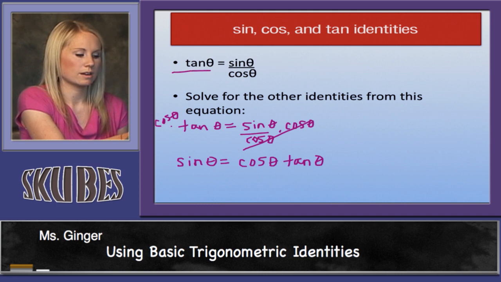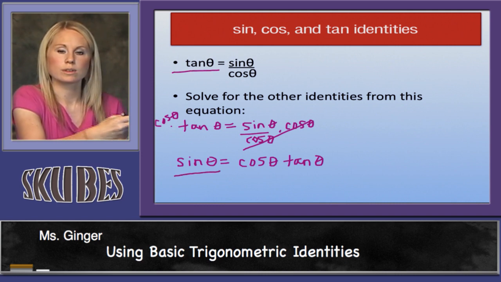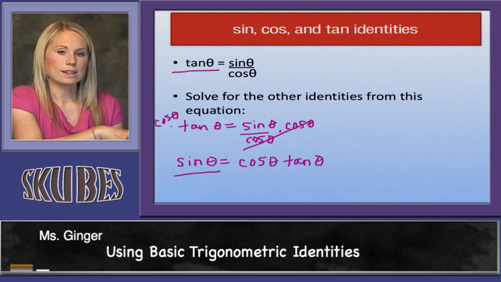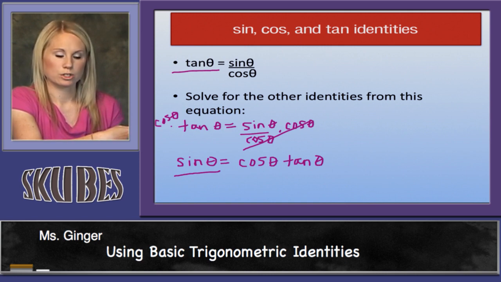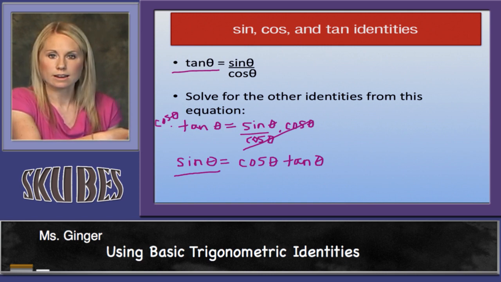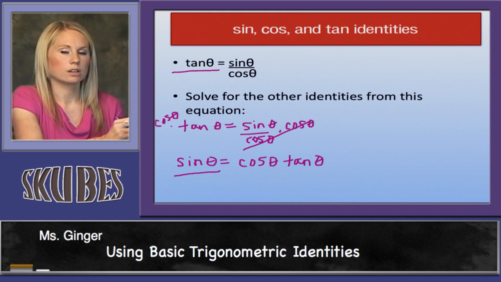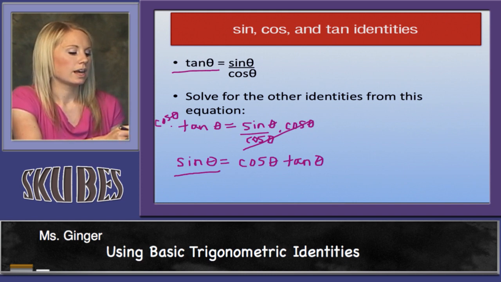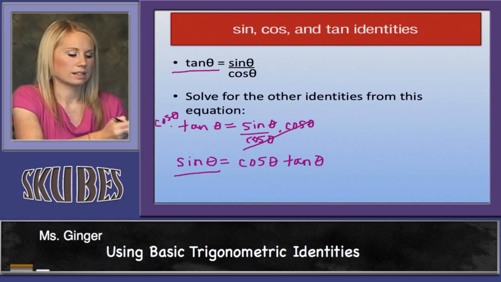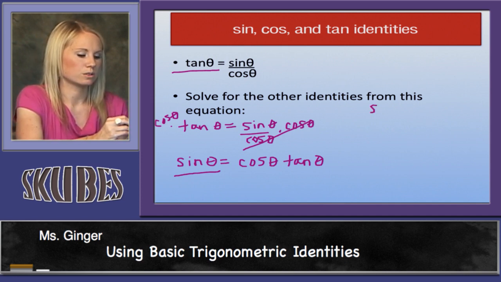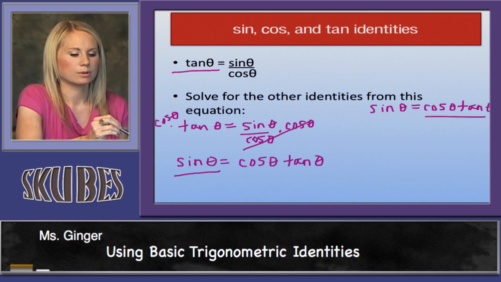All right, now let's make one for cosine of theta. We have one for tan, and we have one where sine is solved for. To isolate cosine, we could divide both sides by tan. That's going to get rid of it on the right hand side, and it comes in as the denominator on the left hand side.